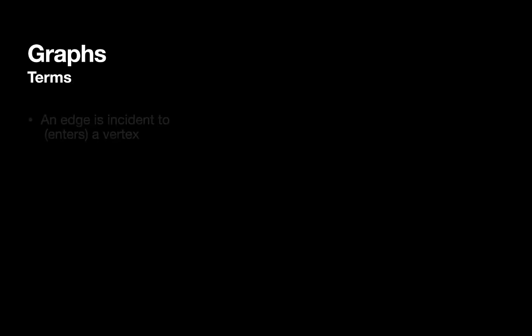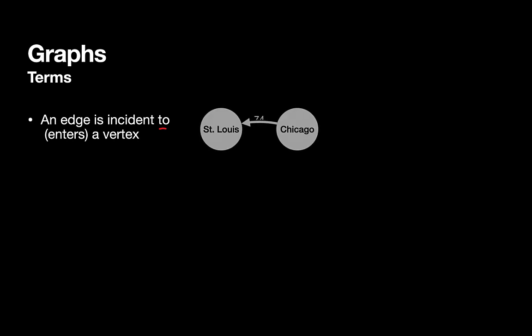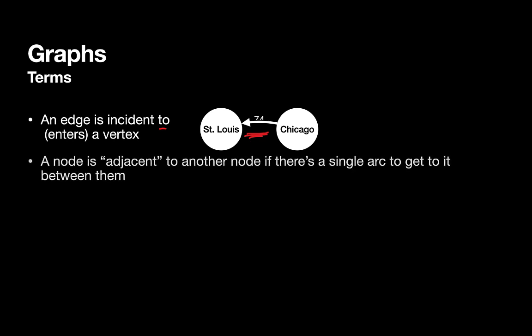Some additional terms here. We refer to an edge as being incident to or entering a particular vertex. So in my previous example, this edge that I think was labeled 74 would be considered incident to St. Louis. It would be considered incident from Chicago. A node is adjacent to another node if there's an arc to get to it between them.